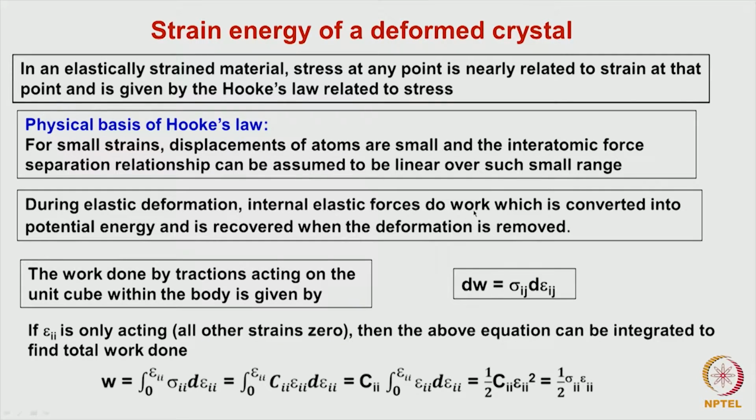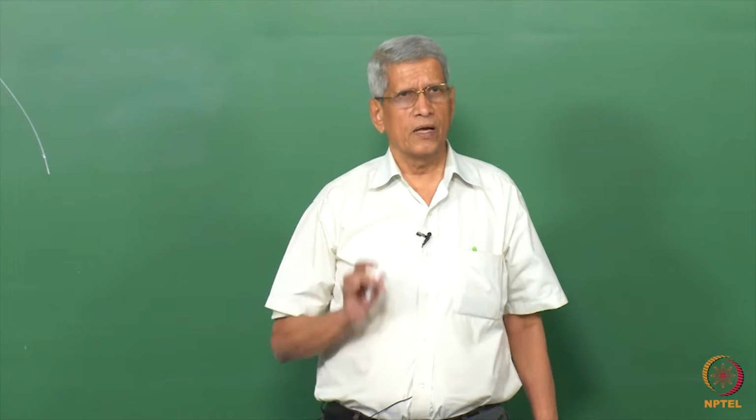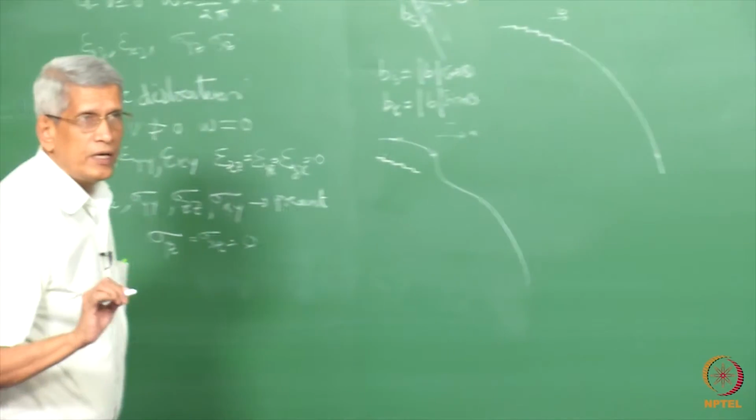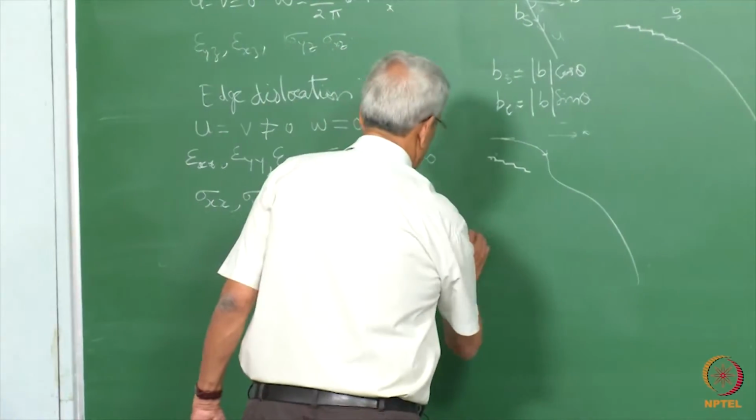If by applying some stress, a small increment in strain is introduced into the sample, what will be the total increase in internal energy which will be taking place in the material because of this strain?